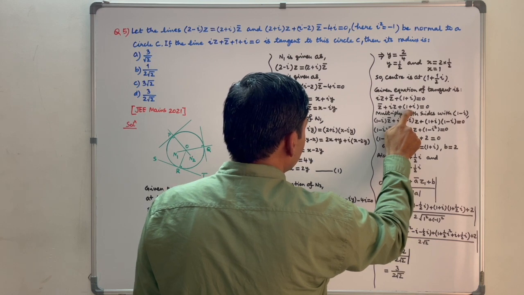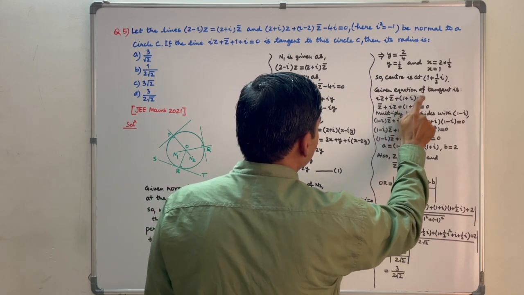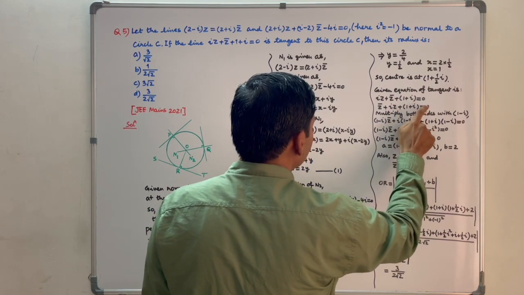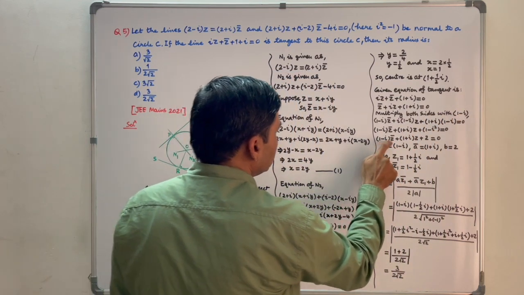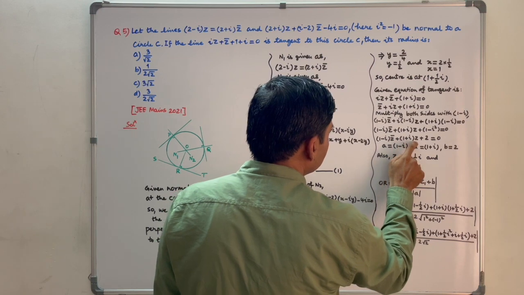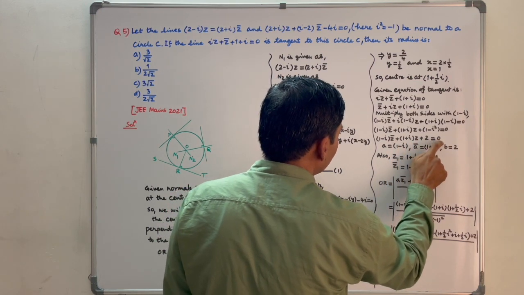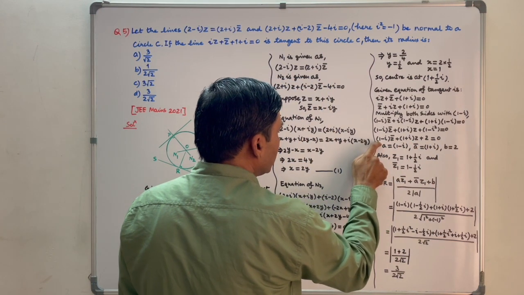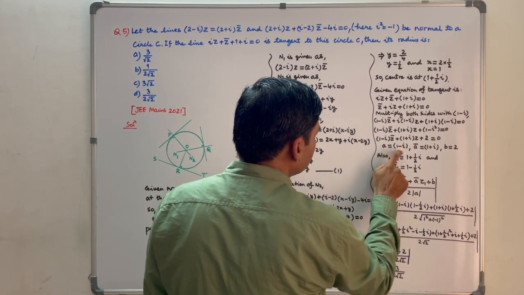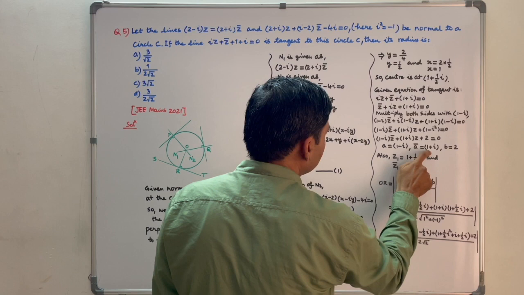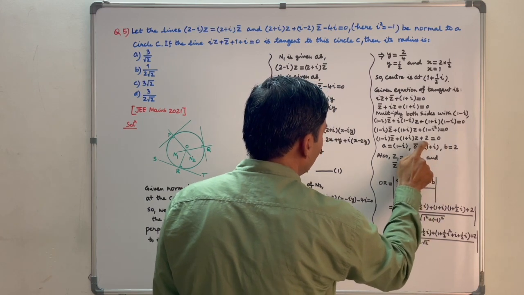To make this part purely real, we need to multiply both sides of the equation with 1 minus i. So we will get (1 minus i) z bar plus (1 plus i) z plus 2 is equal to 0. Now the equation of tangent is in general form with a is equal to 1 minus i, a bar is equal to 1 plus i and b is equal to 2.